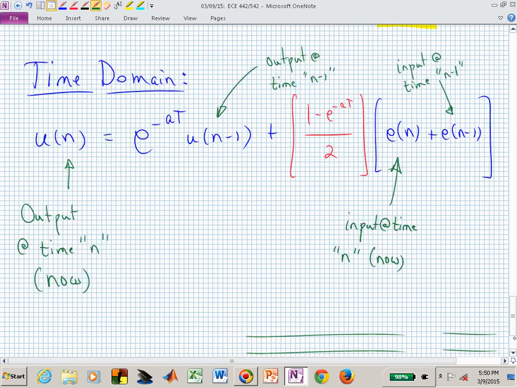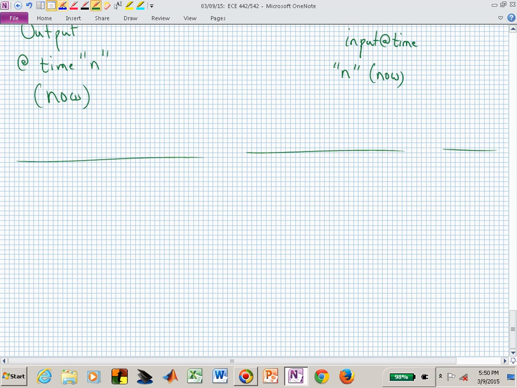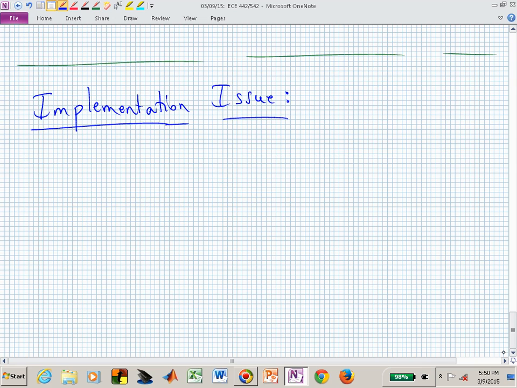There may be some issues when you go to implement that low-pass filter. And these implementation issues can be resolved or cleaned up by playing with the zeros at infinity.